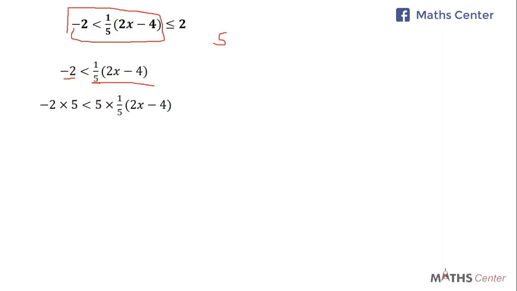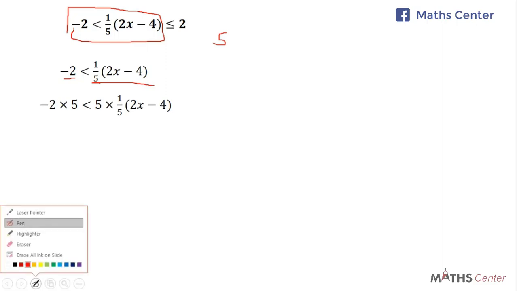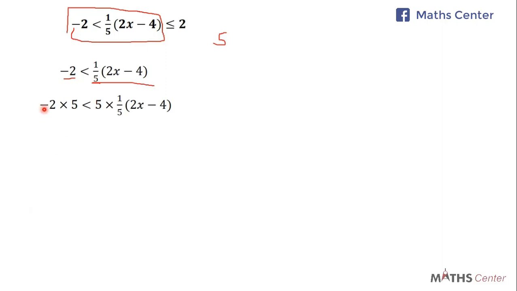If you watch the videos explaining how to solve inequality involving fractions, we explain this in detail. So -2 times 5 will give us -10. 5 will cancel 5 to give us 1. So we have 1 into brackets 2x minus 4.